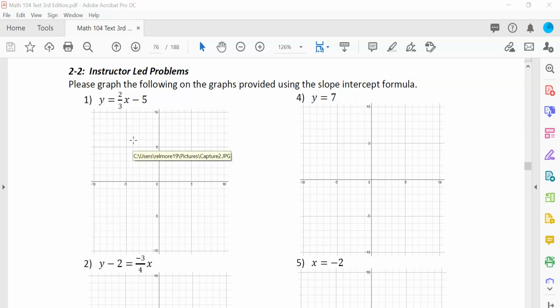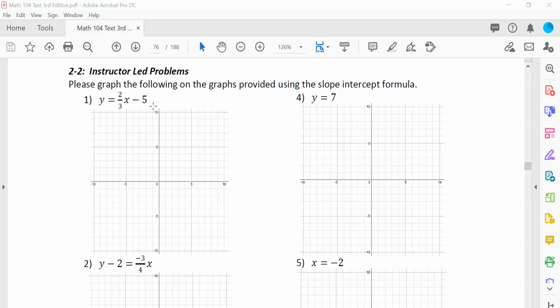So we're going to go through some of these problems and we're going to graph based on the use of the slope-intercept form of the lines. So we can see in this first problem, we have the equation y equals 2/3 x minus 5.